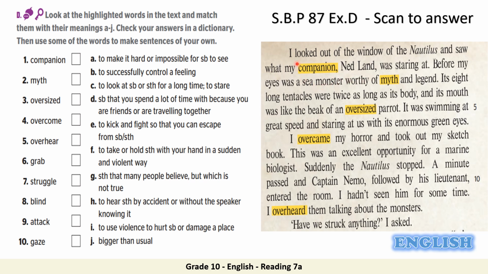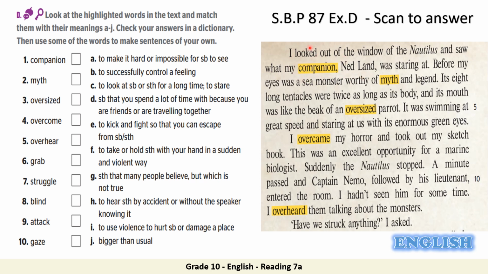So, I looked out of the window of the Nautilus and saw what my companion Ned Land was staring at. You can find out here that the narrator and Ned Land are at the same time in the same place, and the narrator knows his name. He said, "My companion."